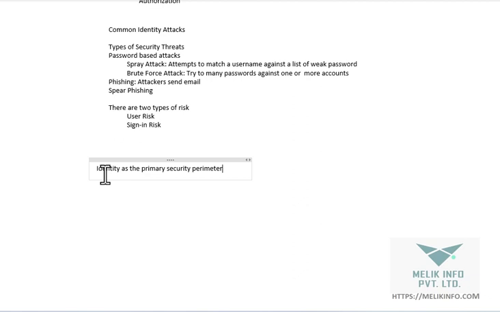So someone or something like your device, you and your device both are authenticated.